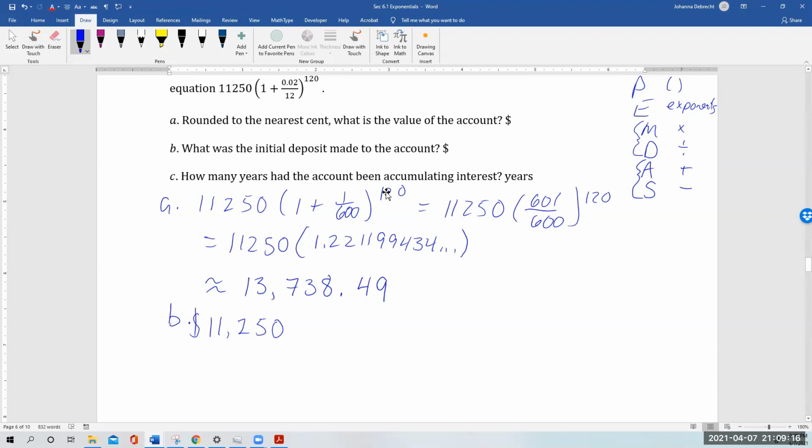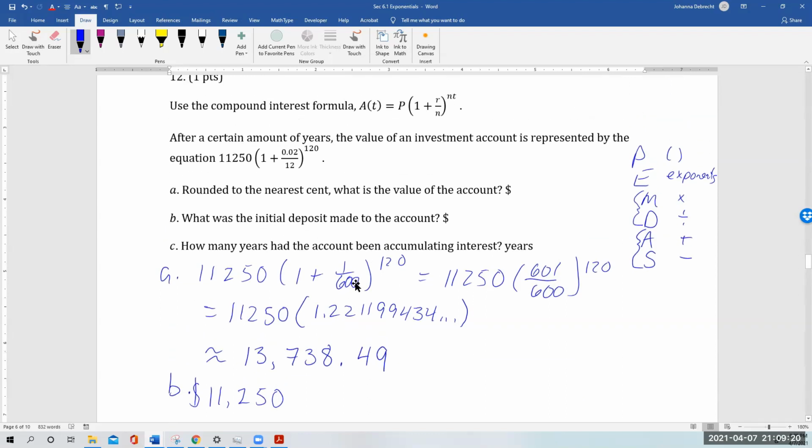C, how many years had the account been accumulating interest? How many years? Remember that n is the number of compounding periods in a year multiplied by the number of years. For example, if you are paying monthly on a car and you have a 3-year loan, you pay for 36 months.